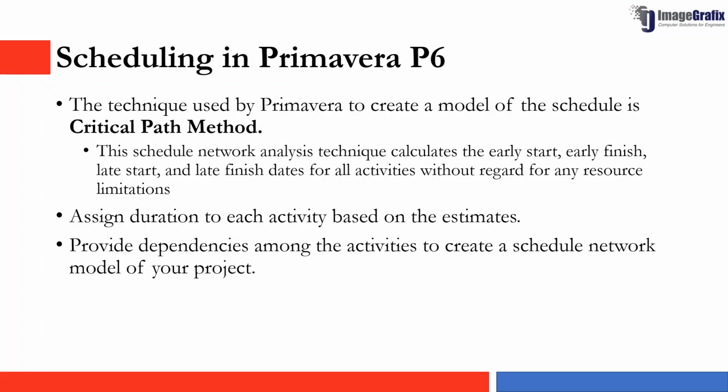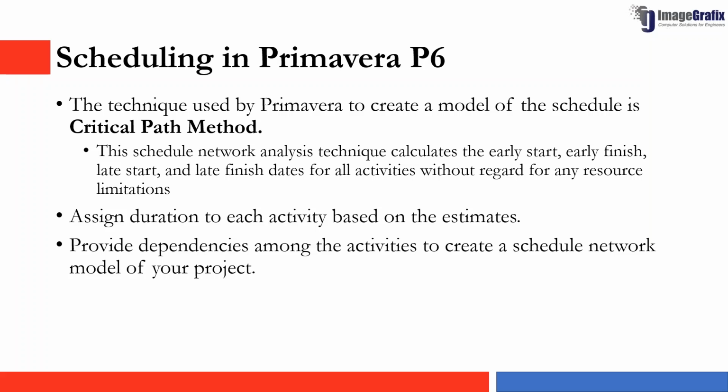And when it comes to Primavera, these are the key elements that are to be maintained to create a schedule with high accuracy. There are two components that are used to create a schedule with high accuracy. The first is the duration of the activity. Once we define the scope of the particular project, we start to decompose the work and segregate it into tasks.